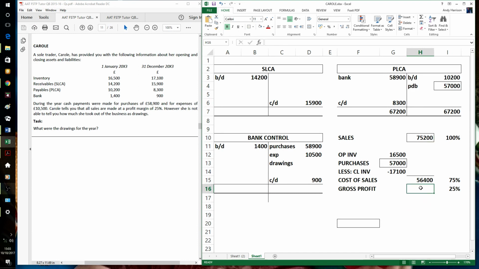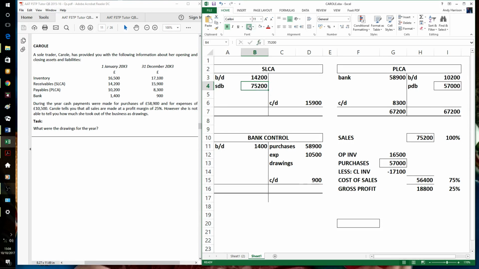Might as well work this one out as well. Not sure whether we need it. We've got our gross profit, we can double check the percentages if we want to. 75,200, that means that will go there.